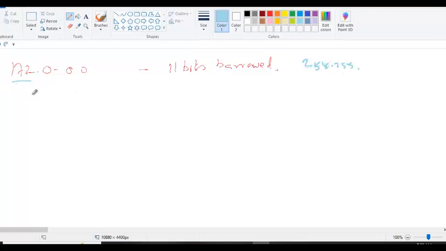No, B. Because it is 0 here, don't say A. It is 172, so this is the mask which is there by default. Now another 11. So here 8, which is 255. Another 3, which is 224.